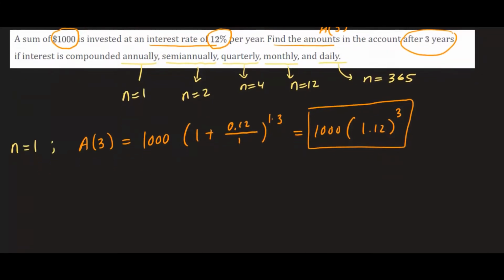Now, what about the second part? Semi-annually. What if we invest the same amount with the same rate for 3 years? For that, n equals 2. A of 3 is going to be 1,000 times 1 plus the rate 0.12. Now here n is going to be 2 because we're investing semi-annually, to the power 2 times 3.